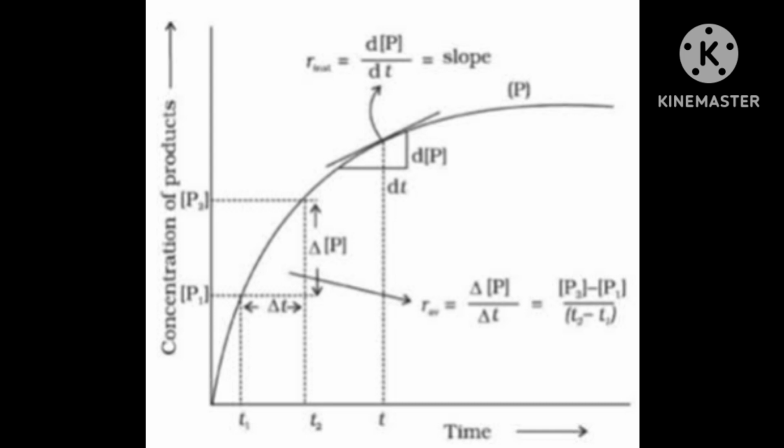Now, for gaseous reactions, there is a theory called collision theory of reaction rates. That theory is only for gaseous reactions. On what factors does the rate of reaction depend? The rate of a chemical reaction depends upon concentration, temperature, pressure and catalyst.